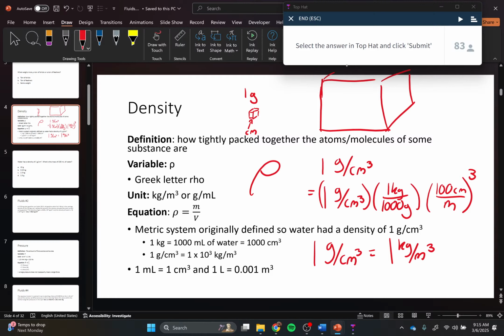In fact, something that you all might not realize is how heavy water is. 1 meter cubed of water. If you literally just grab a meter stick, make a box, a meter by a meter by a meter, it's 1,000 kilograms. 1,000 kilograms is about 2,200 pounds. Water's really heavy. Like way heavier than you all.